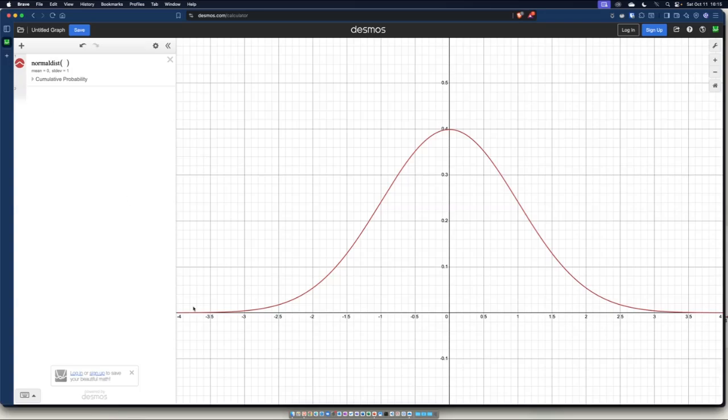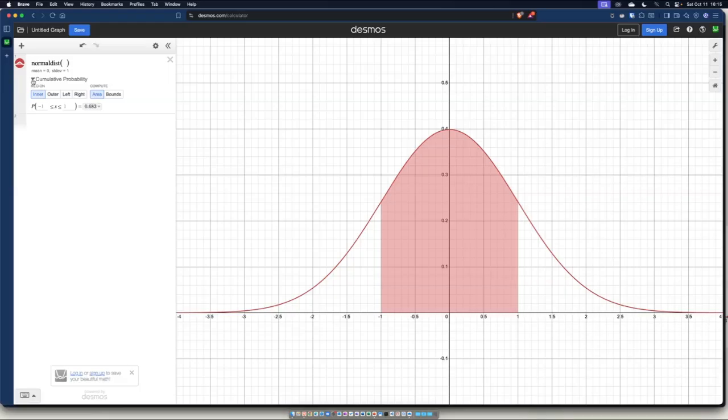Okay, again, this curve is the density function, but that's not going to help me by itself. What I need is to find a certain value, negative 0.8333, right around here, and then find the area to the left of that. We're going to do that with this cumulative probability.